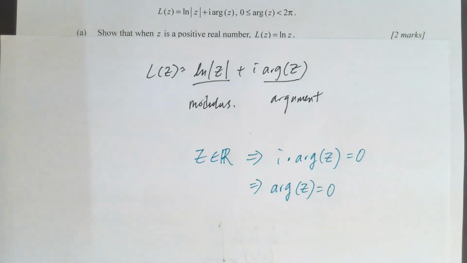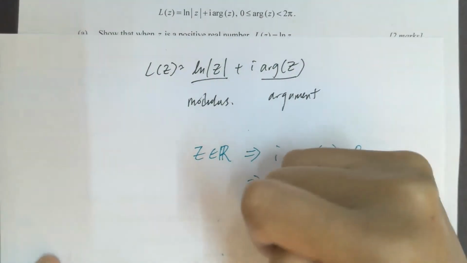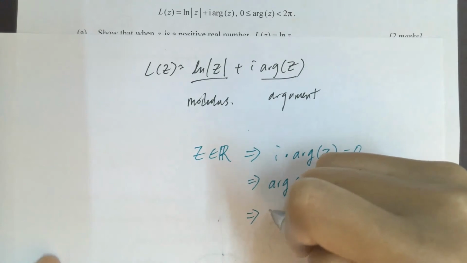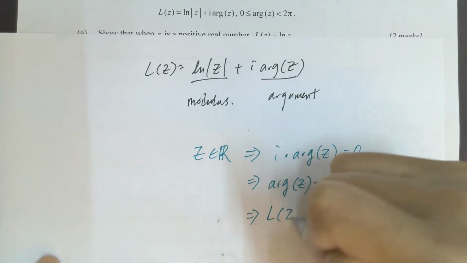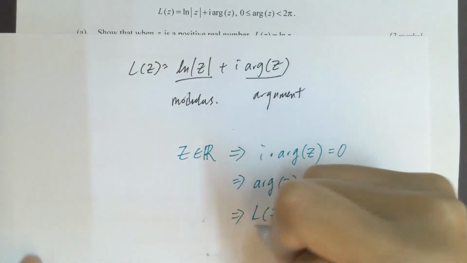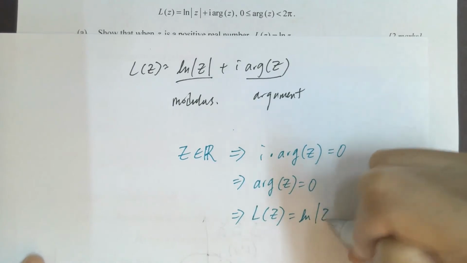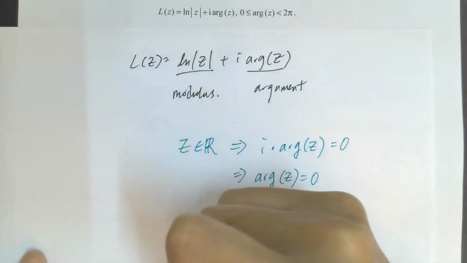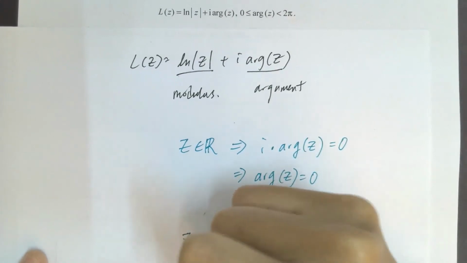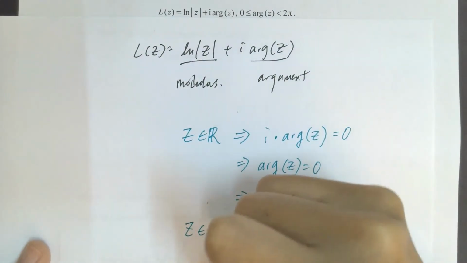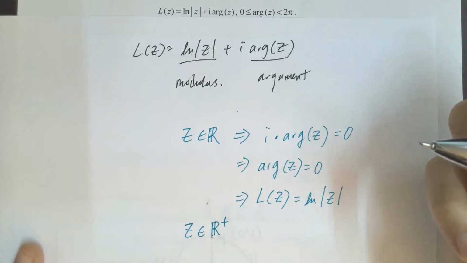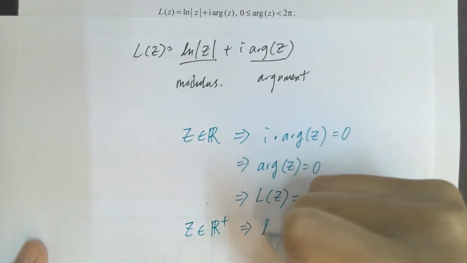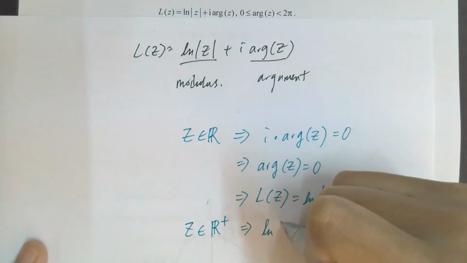Therefore, L of z is equal to ln of the modulus of z. But another condition is that it's a positive real number, which is to say we don't even need the modulus.